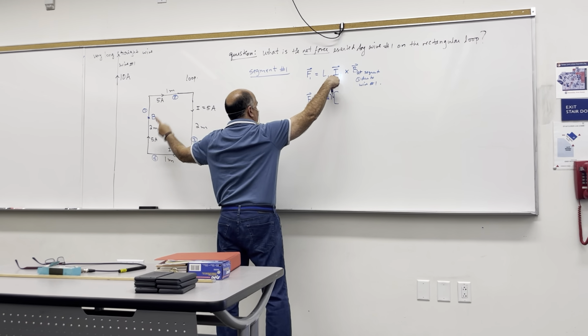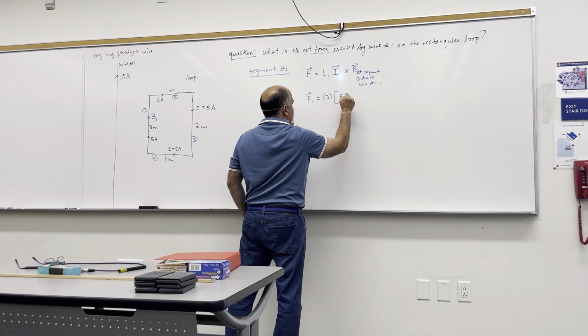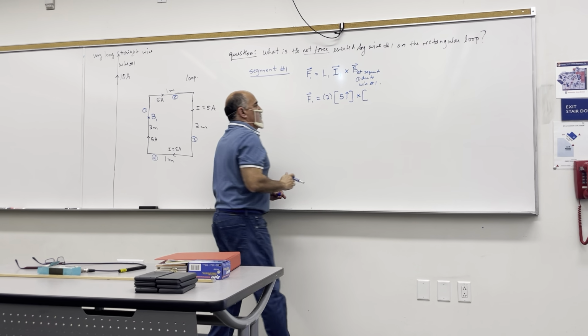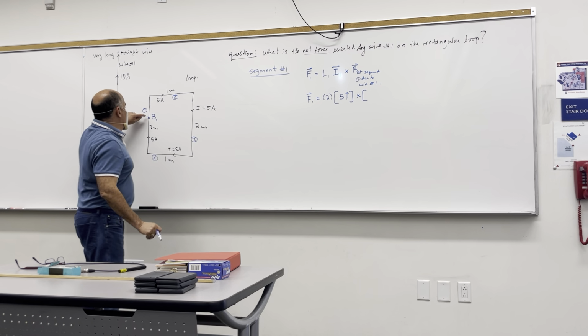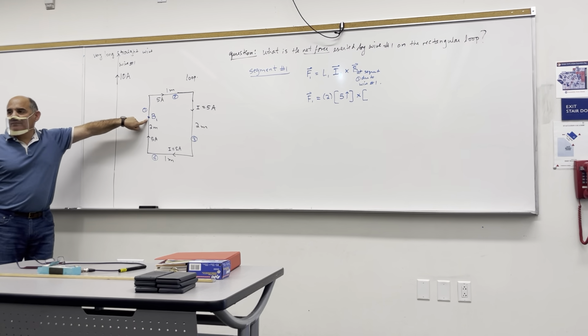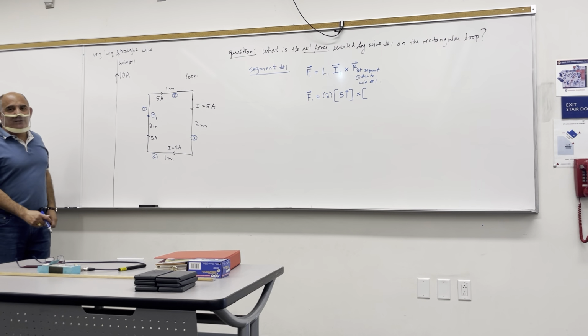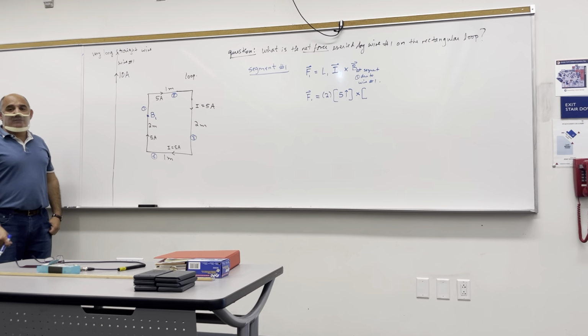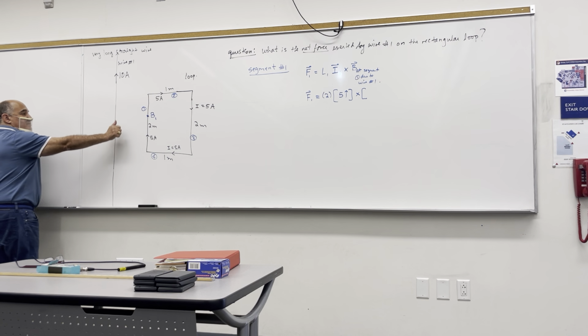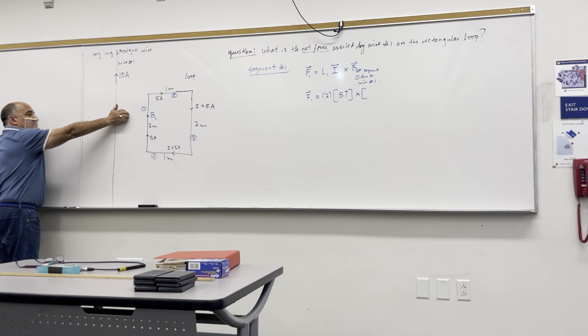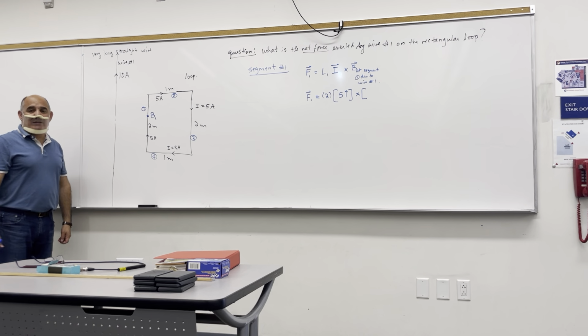It's 5 amps up, right? 5 amps. And I'll say up, cross into. What is the magnetic field at this location due to this wire? It would be which way? Out of the board. Which way? No, into the board. Into the board. And how big?